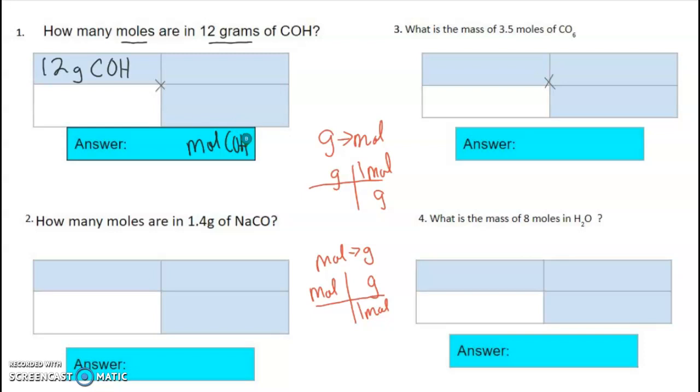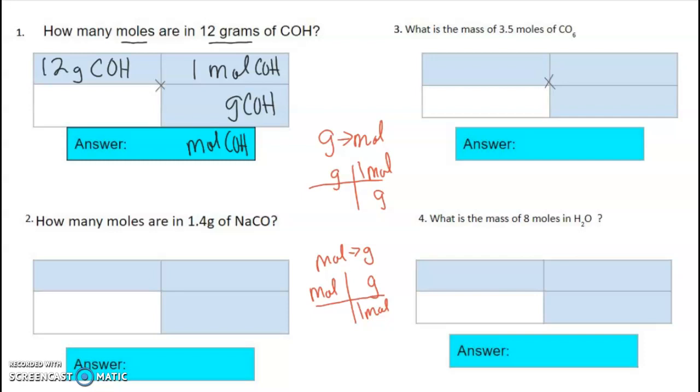So we need to end with the 1 mole on top. We're going to put grams of COH, and we know that grams is always equal to 1 mole of the substance. So now we have to figure out, using the periodic table, what the mass of 1 carbon, 1 oxygen, and 1 hydrogen will be.